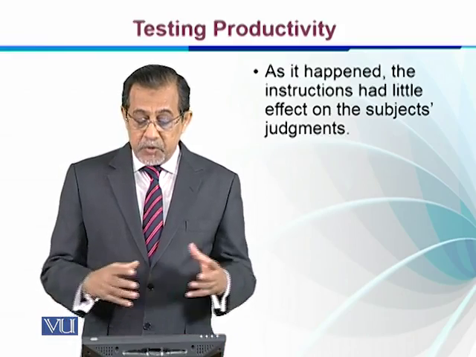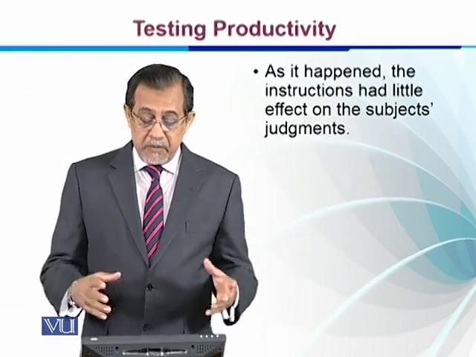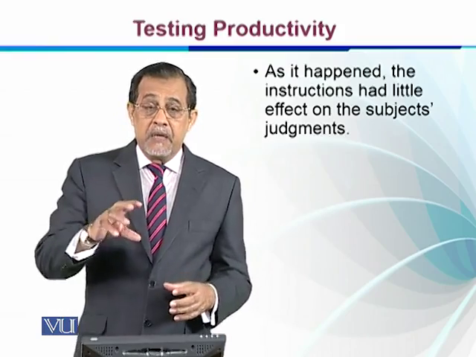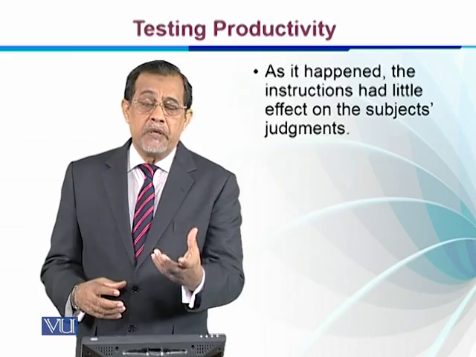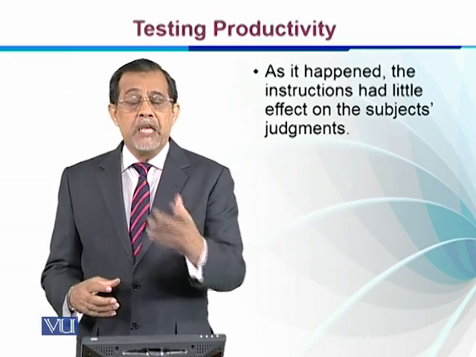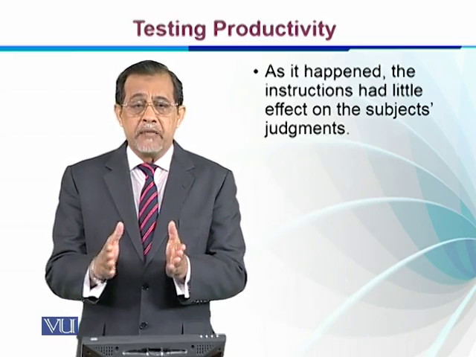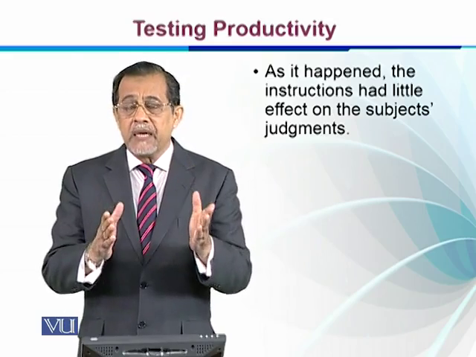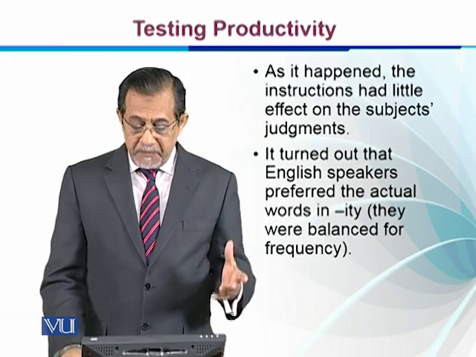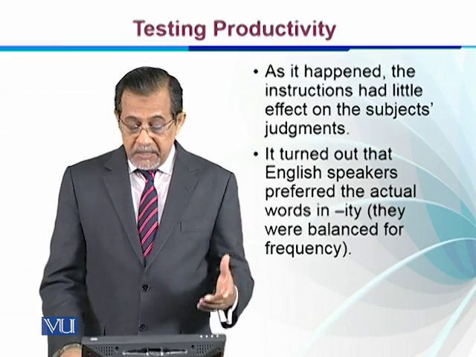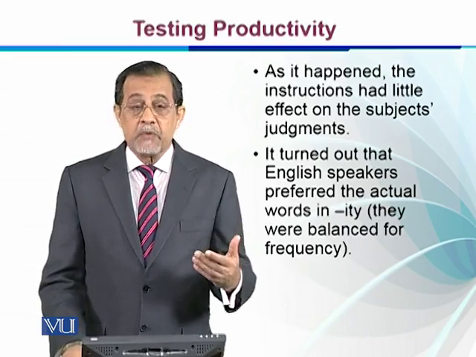As it happened, the instruction had little effect on the subjects' judgment. They made judgments on the intuition of their language use, the way they use language. They segregated the words according to their understanding. It turned out that English speakers preferred the actual words in ity. They were balanced for frequency.